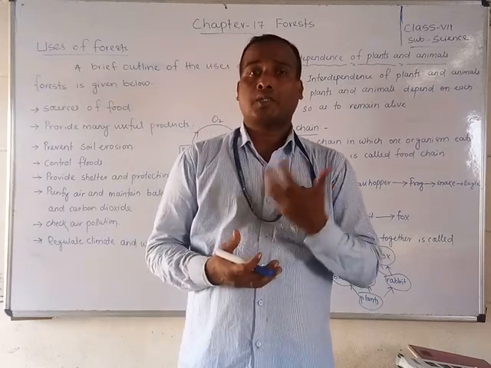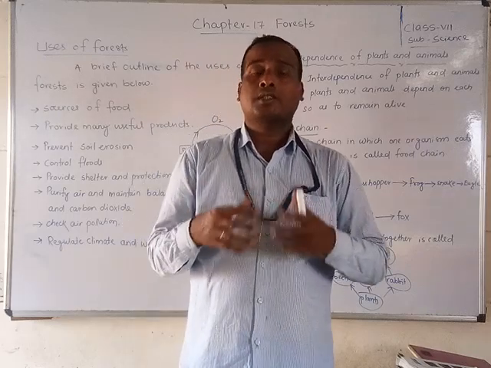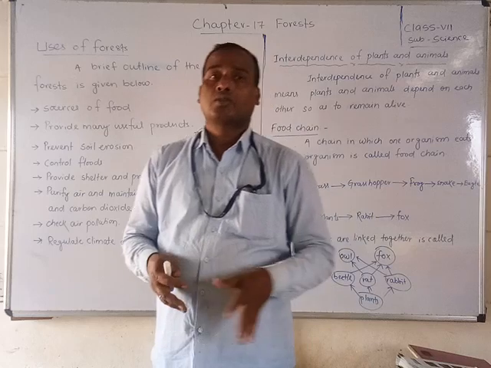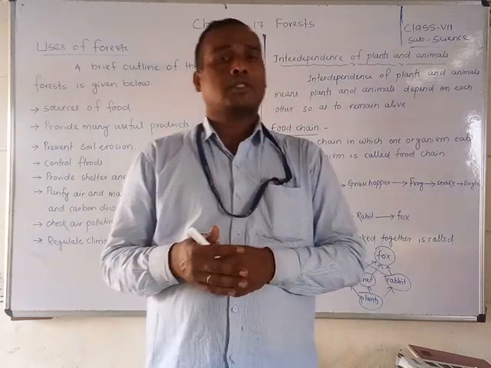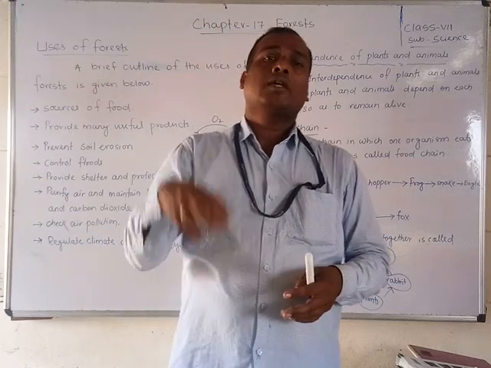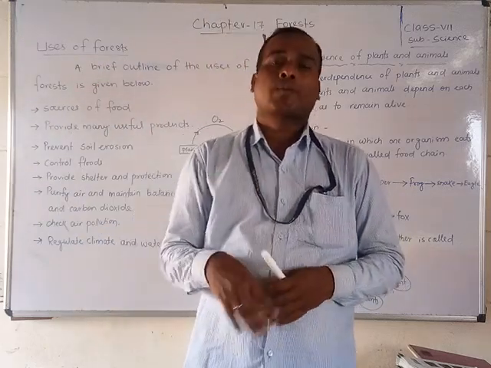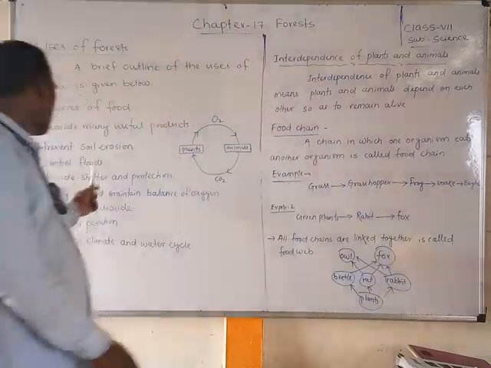Due to the presence of plants, the soil is held and the water is not allowed to wash it away. Whenever rain falls, the water sinks into the soil, so soil erosion is controlled.